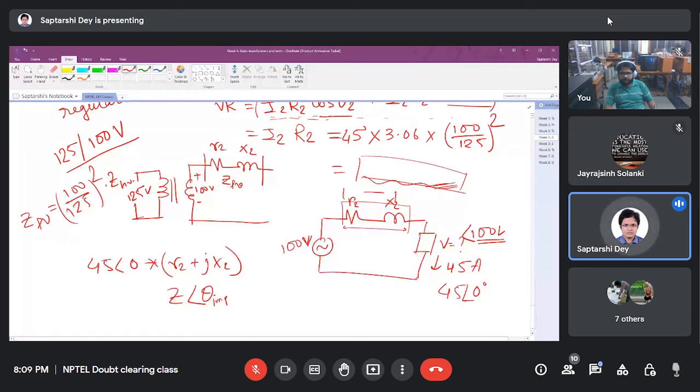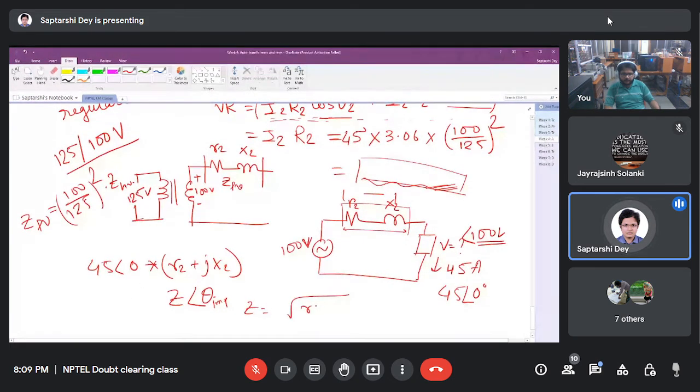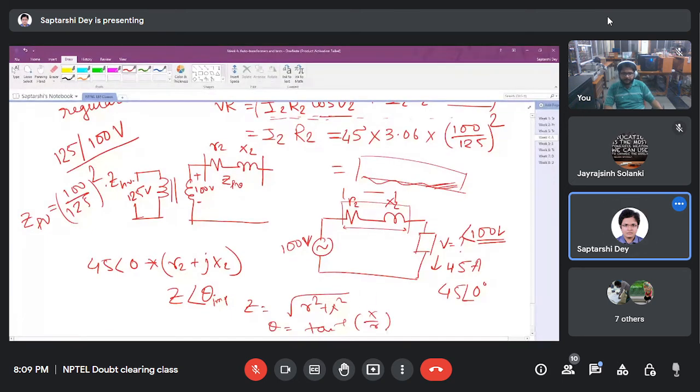You can find it out from here, right? Z is root over R squared plus X squared, and theta will be tan inverse X by R. You can find out the voltage drop. So whatever voltage drop you have here is nothing but the voltage regulation.